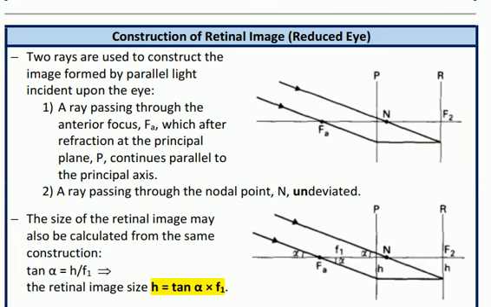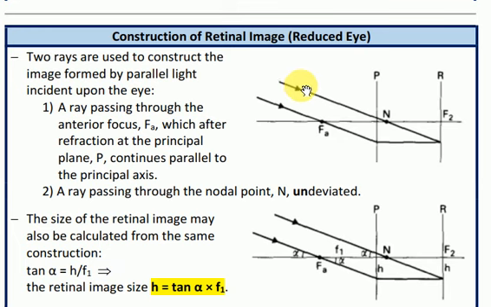Two rays are used to construct the image formed by parallel light incident upon the eye. The first ray passes through the anterior focus FA, which after refraction at the principal plane P continues parallel to the principal axis.